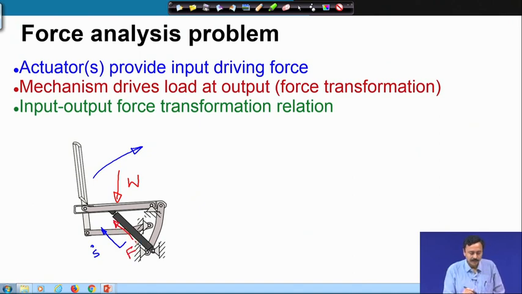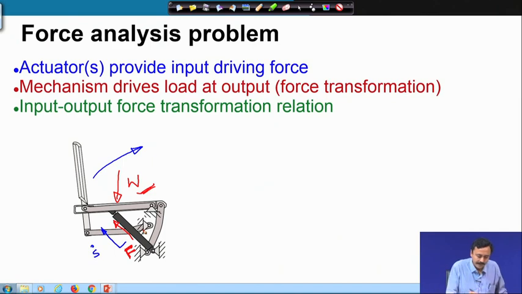So, I will require some thrust or some force in this actuator in order to balance or equilibrate the load on the device, which is an external load on the mechanism, and this force of the actuator is the thrust produced by this prismatic, hydraulic or pneumatic actuator.